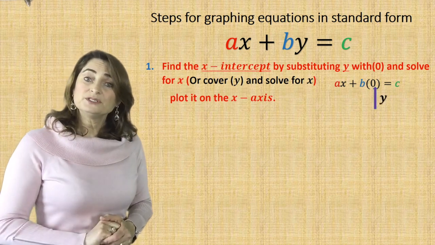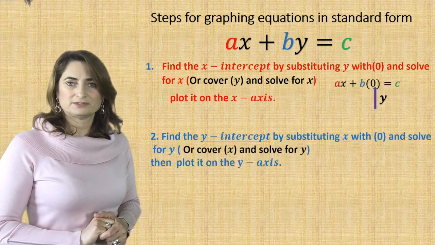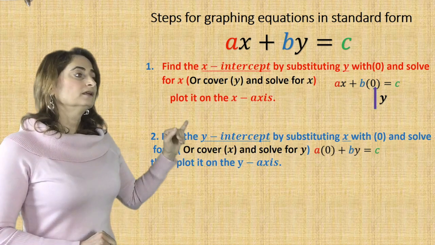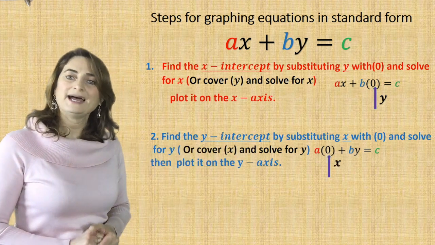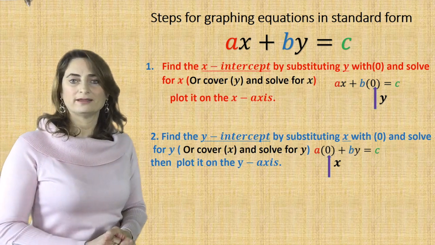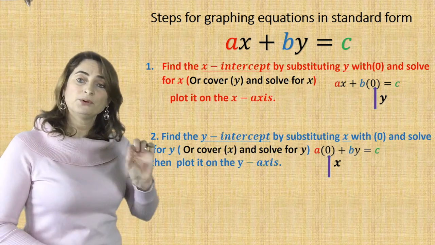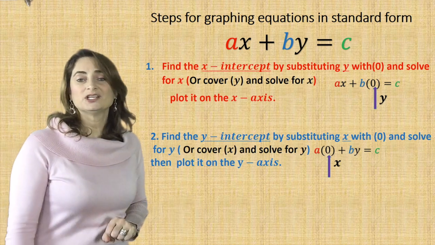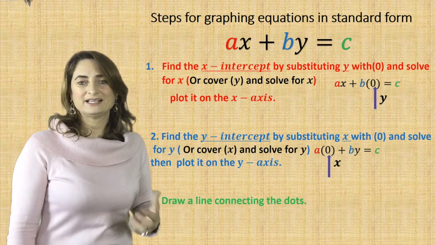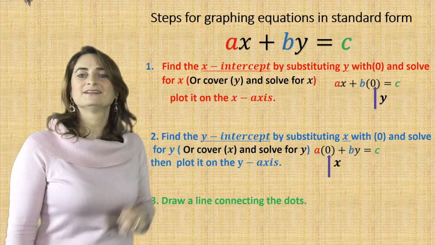Step number 2 is to find the y-intercept. To find the y-intercept, you substitute x with 0 or cover the whole term that has x and solve for y. Then go on the y-axis, put a dot on that number. Then draw a line to connect those two dots. And that's how you graph equations in standard form.